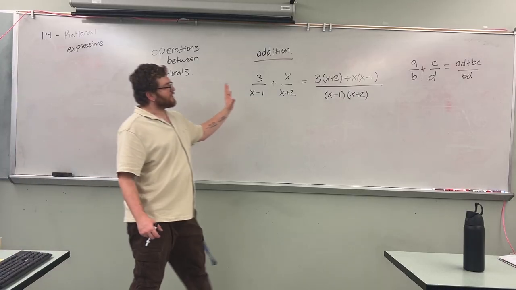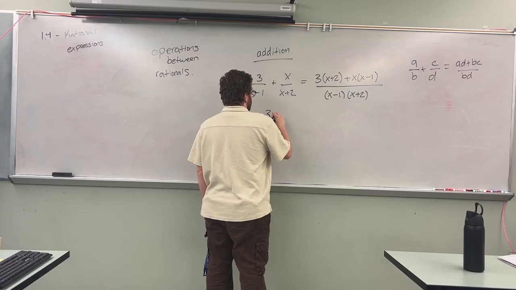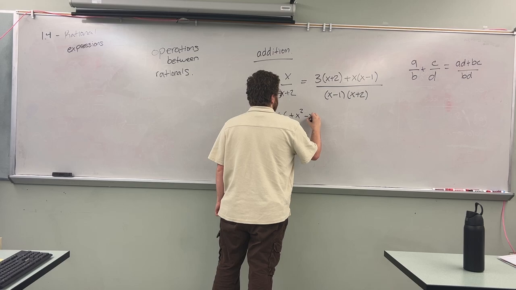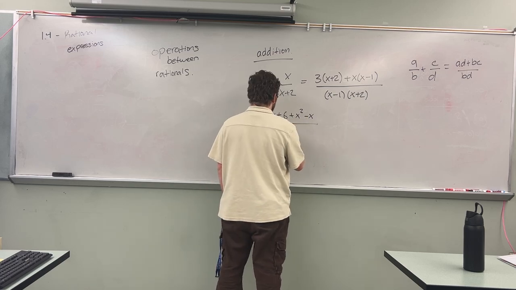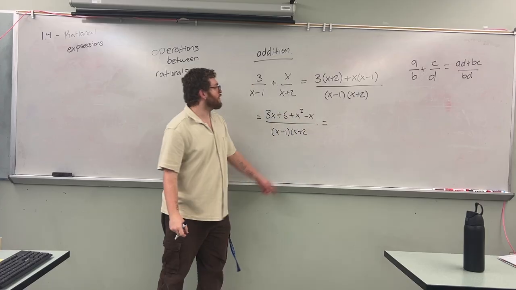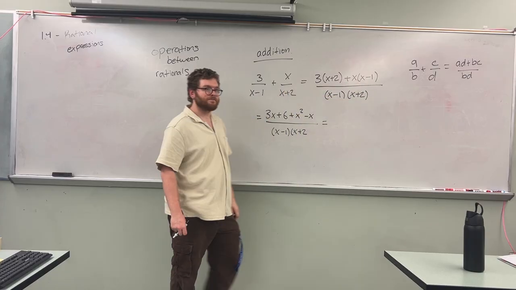I can then expand this out real quick. That's 3x plus 6 plus x squared minus x. I'm not going to touch the denominator yet. I'm going to leave it as is. All I did was multiply this 3 in here, multiplied this x into those 2.